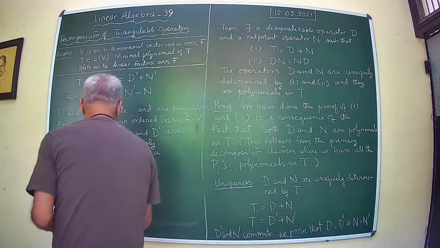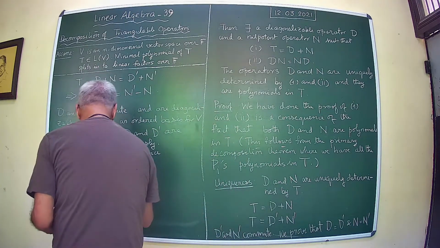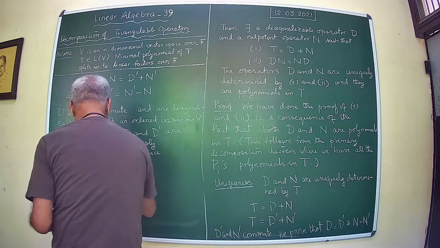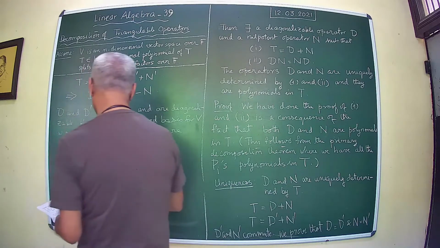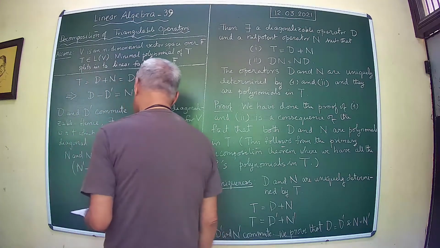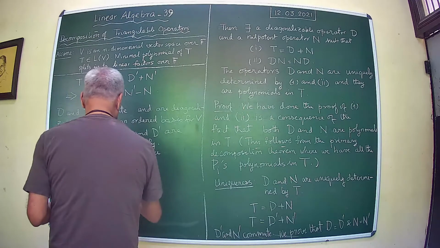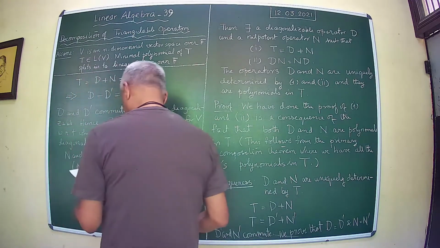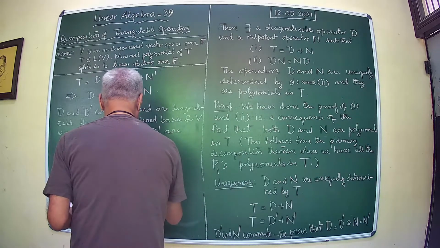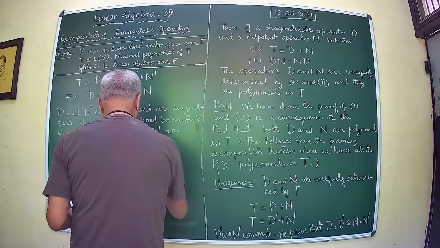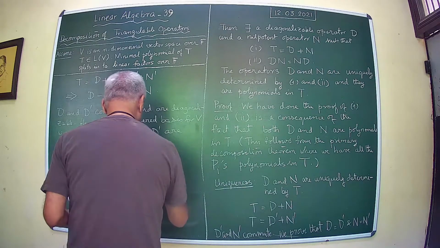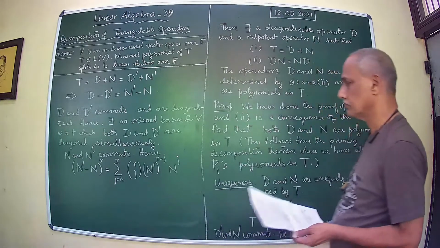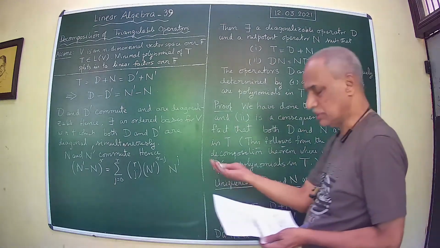This is a finite expansion. Because they also commute, it doesn't cause any problem. The sum of r choose j, N to the power j, N prime to the power r minus j. These are the usual parameters.